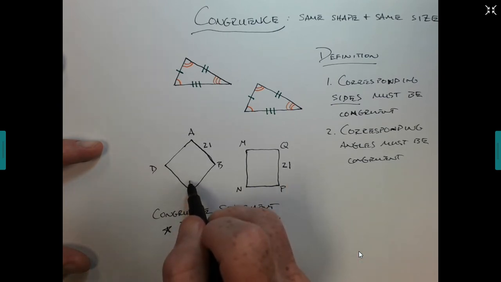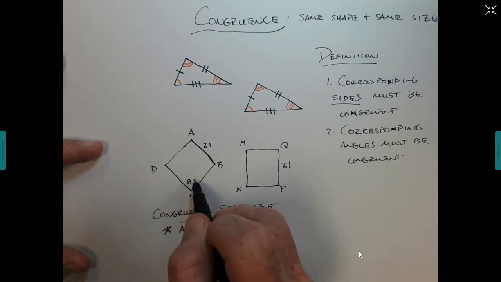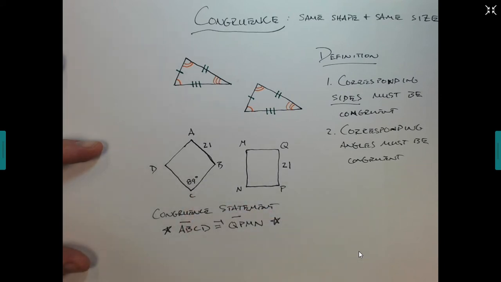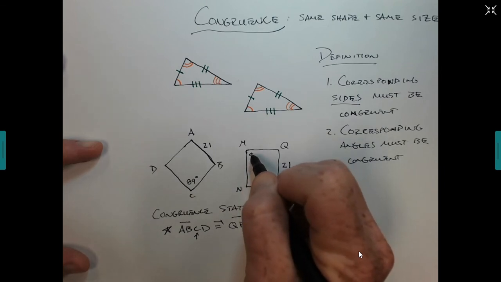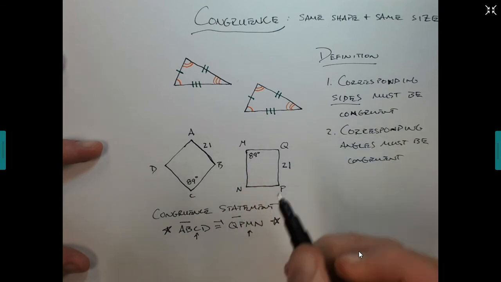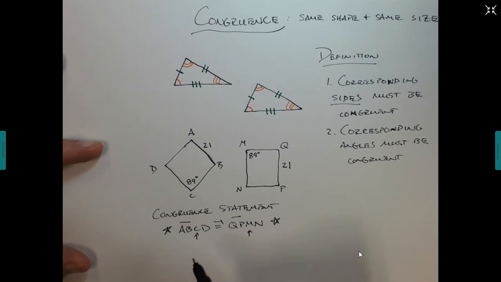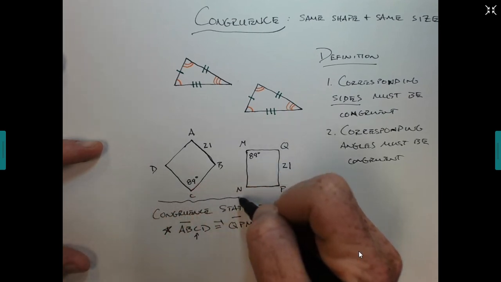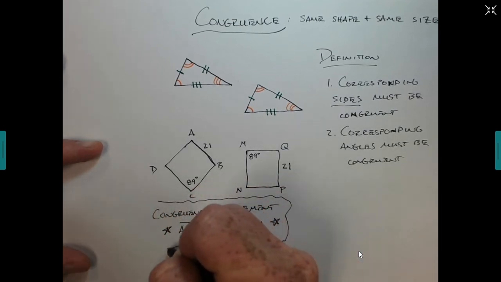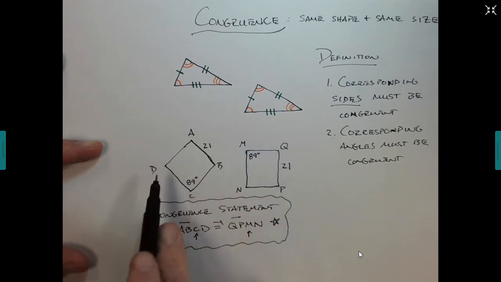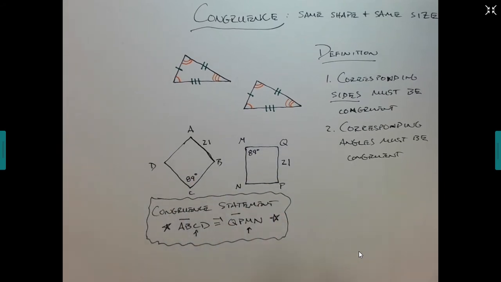If I knew that angle C was 89 degrees, the C is here. It has to match up with M. That means M is 89 degrees. I can use this congruence statement.